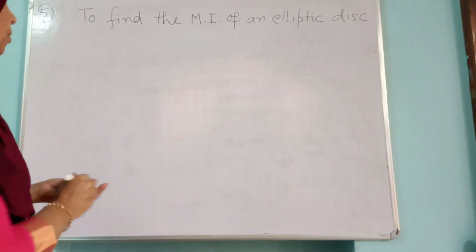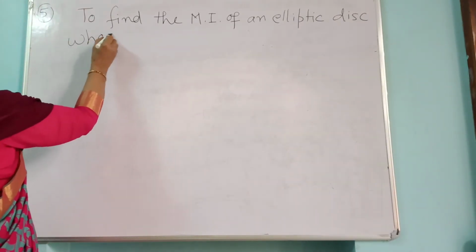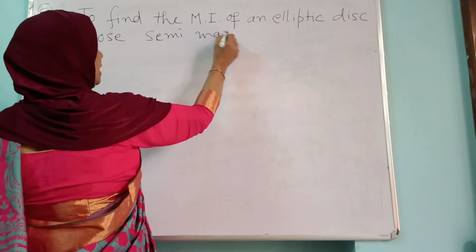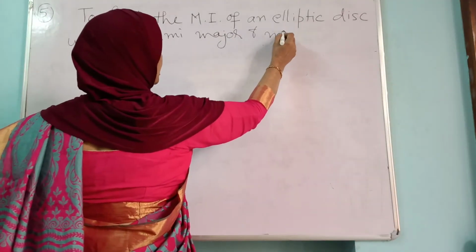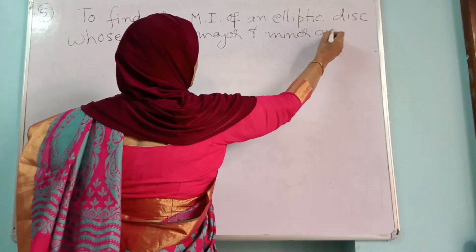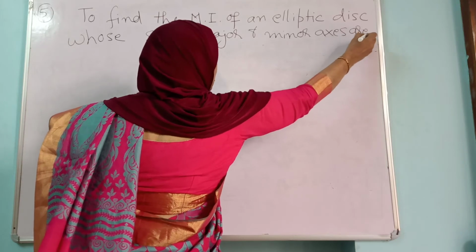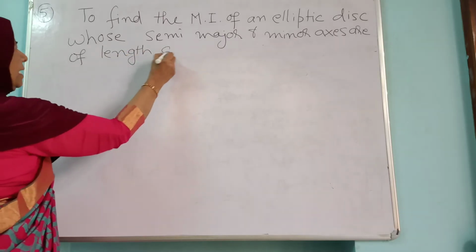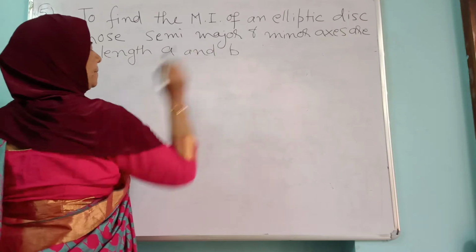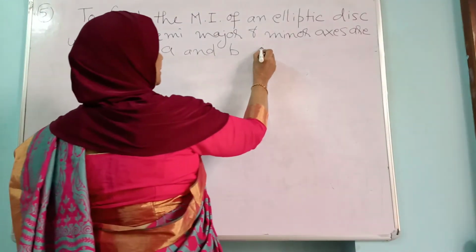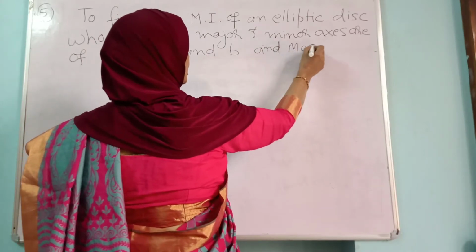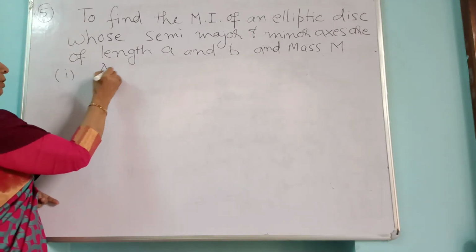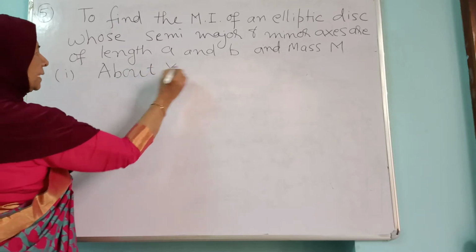So, an elliptic disc whose semi-major and minor axes are of length A and B and mass M. So the first case, about the x-axis.